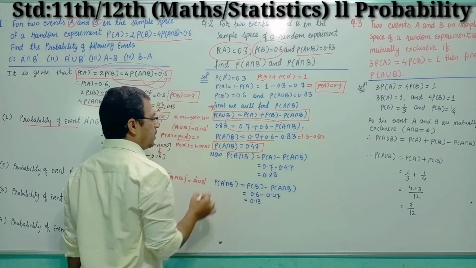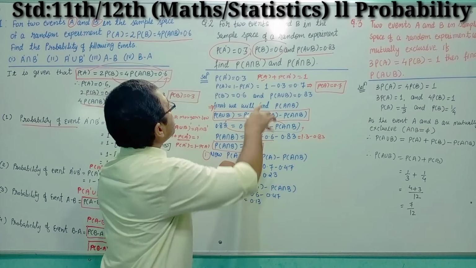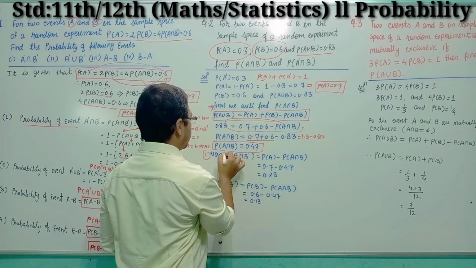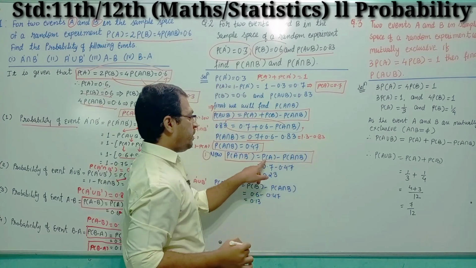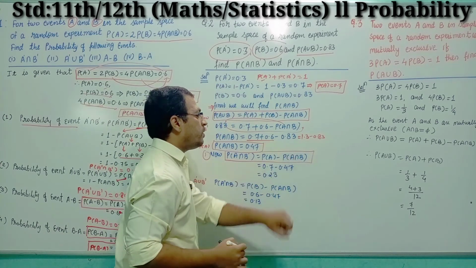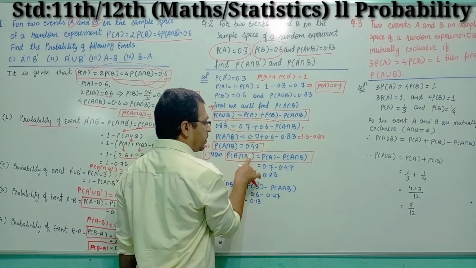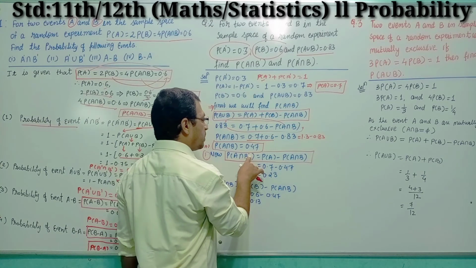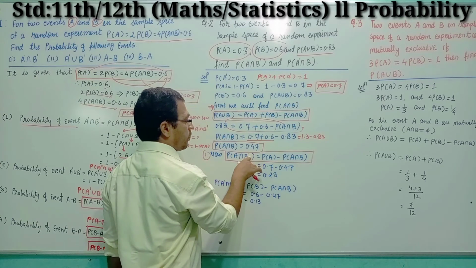Okay, now the first one, we want to find out P of A intersection B dash. So here we can write P of A intersection B dash is P of A minus P of A intersection B. B dash means, students, you don't want to include the element of B, right?